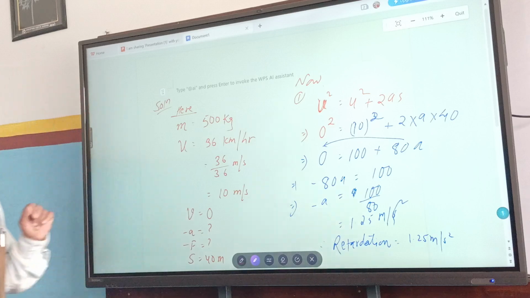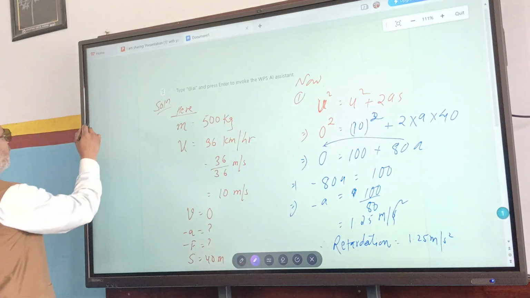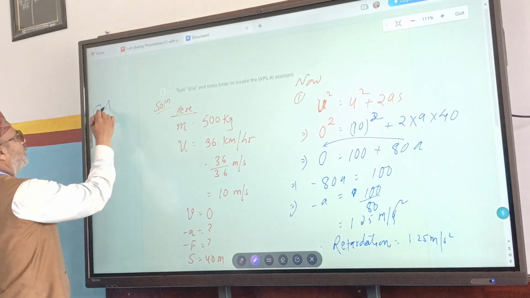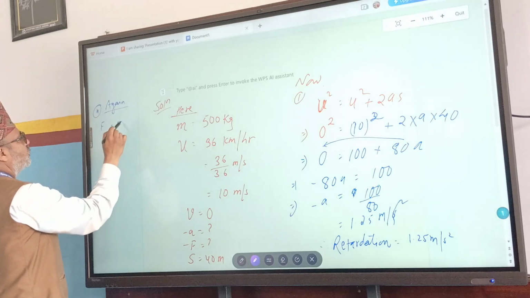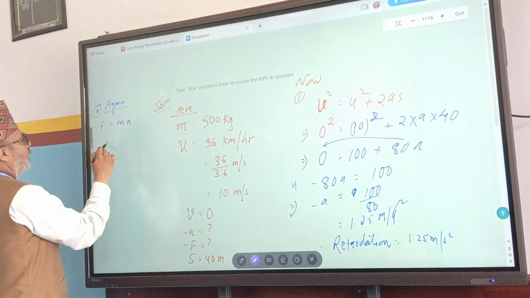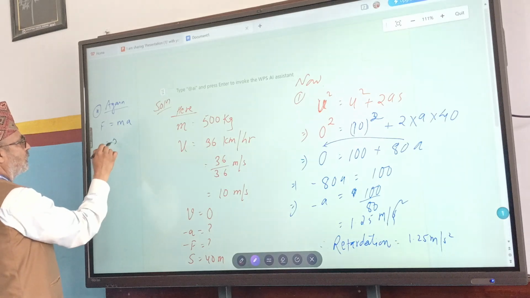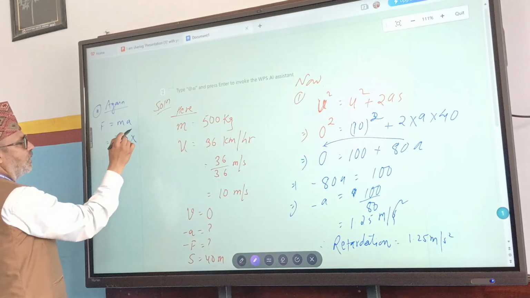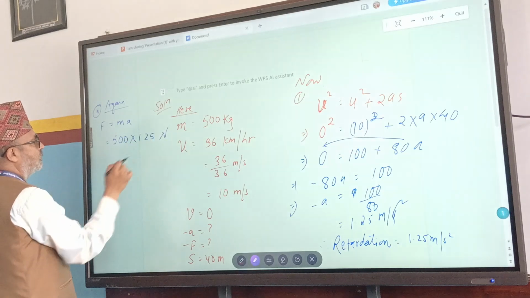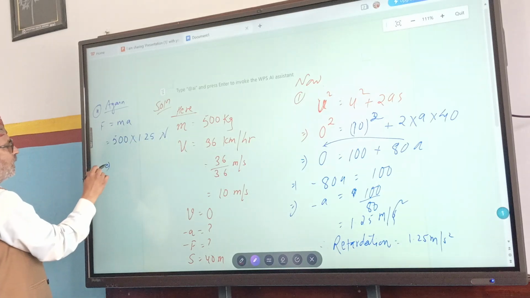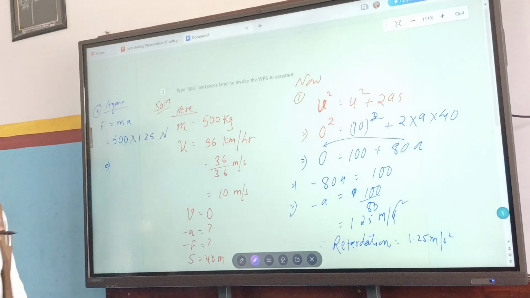So in this way you have to do first one. Afterwards here, second one. Again, what is the next formula? F equals to MA. M is how much? 500 times A is how much? 1.25. It is Newton. Children, if you multiply 500 and 1.25, how much does it come?